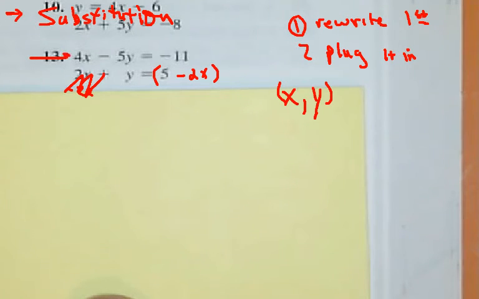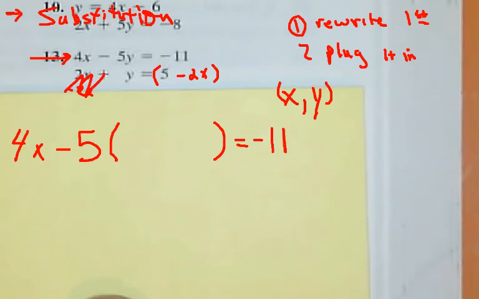Well, great. Now, according to this, I have to rewrite my first equation. So here's my first equation. 4 times x minus 5 times y equals negative 11. Now, what is y? Do I know what y is? Yes, I do. It's right there.